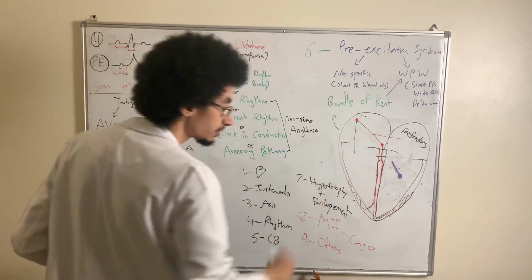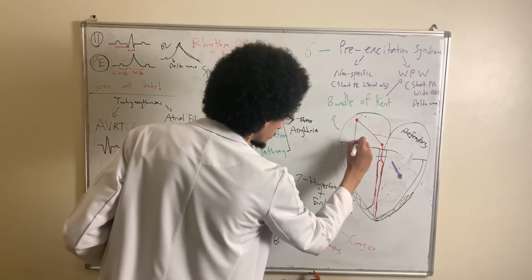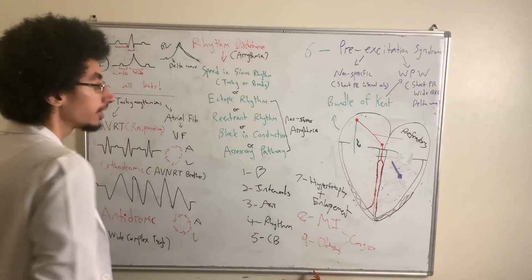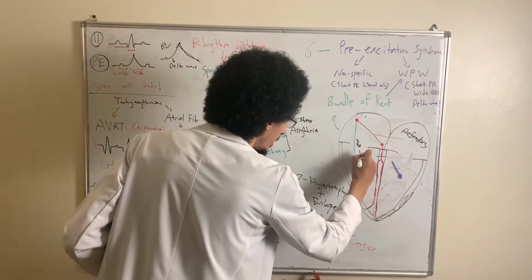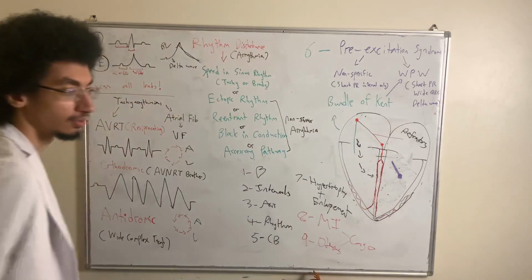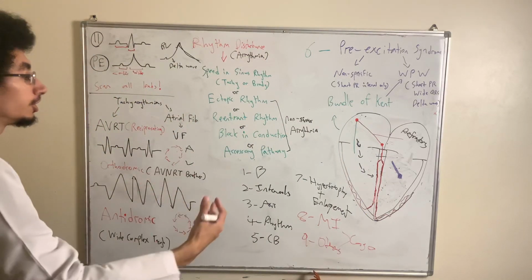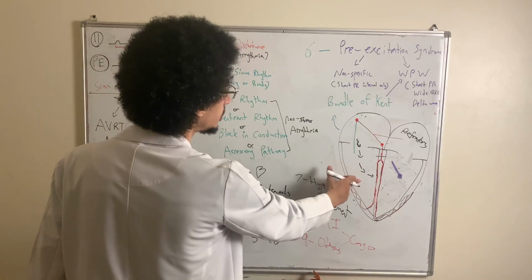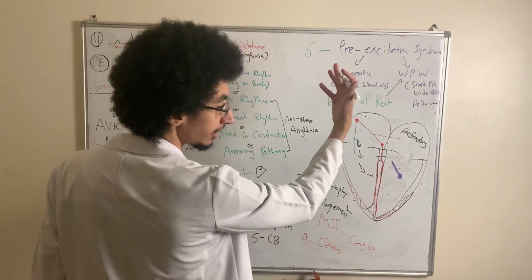So it will not come towards the AV node, it will come towards the accessory pathway. And then it will go downwards and depolarize the right ventricle. And eventually, since it comes through this pathway, this wave of depolarization will come towards the AV node.